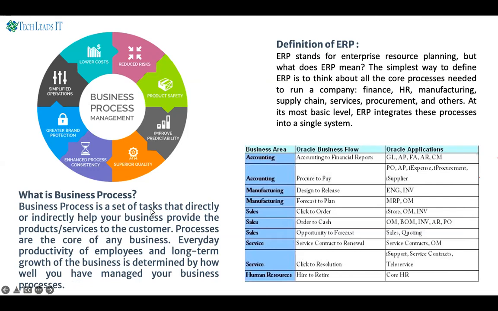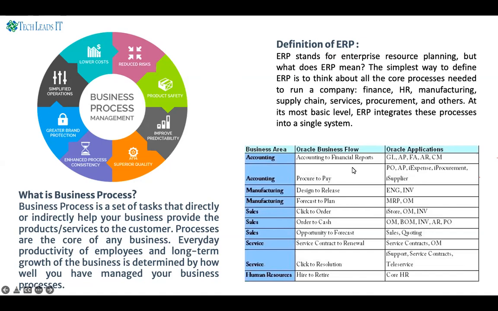When we do the setups in the system, first we need to understand what a business process is. Once we are clear on the business process, it will be easy for us to do either the implementation or the setups.